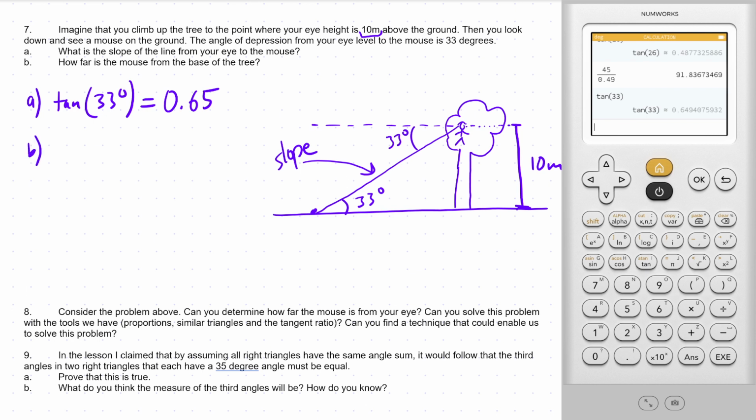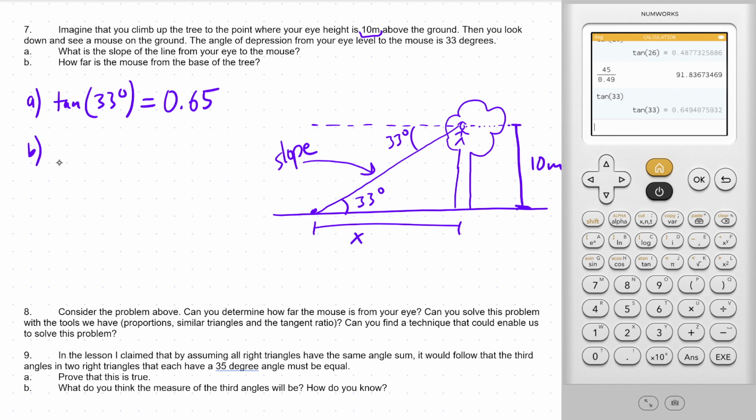And part B says, how far is the mouse from the base of the tree? Well, I know that the rise is 10 meters, but how far is the mouse from the base of the tree? We'll assume that you're directly above the base of the tree. These are the kinds of assumptions that you have to make in some of these math problems. And so that'll be my x, the distance from the mouse to the base of the tree.